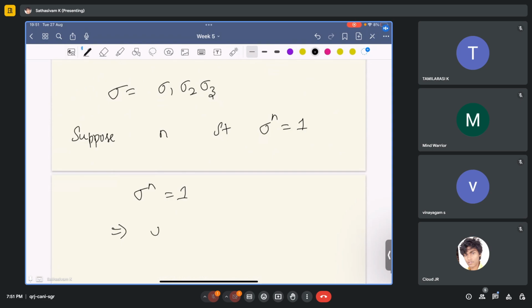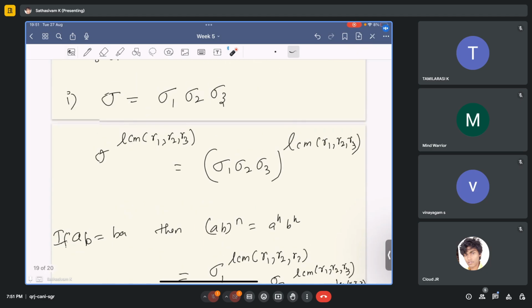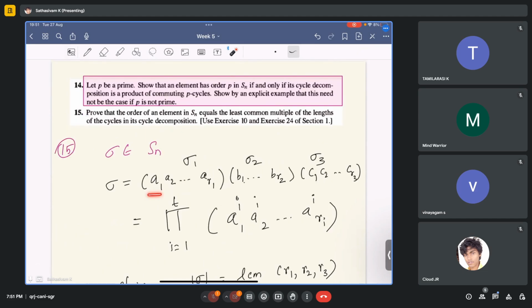So this implies sigma power n is nothing but sigma 1 power n, sigma 2 power n, sigma 3 power n. Why? Because these elements commute, so I can write this. And this is nothing but identity. So this is identity means all of this has to be identity, right? Because you observe here, these are all disjoint cycles. This only acts on A1 to AR, this only acts on B1 to BR, and this only acts on C1 to CR.